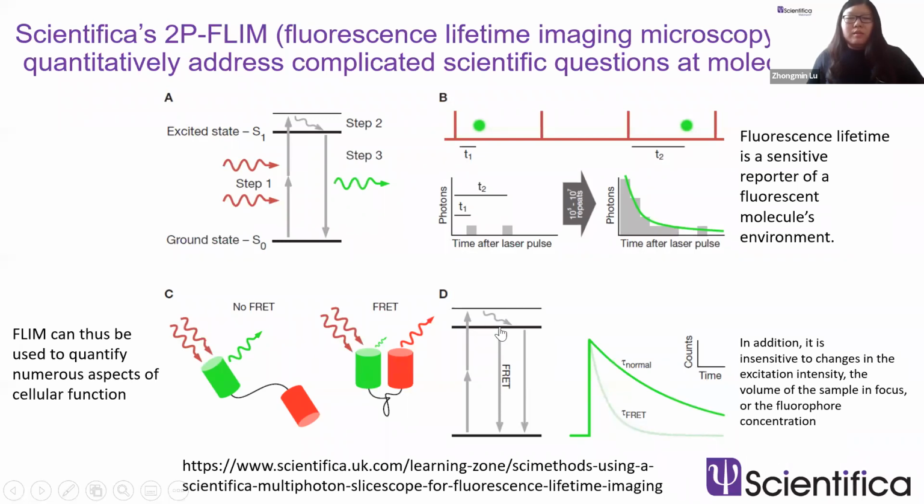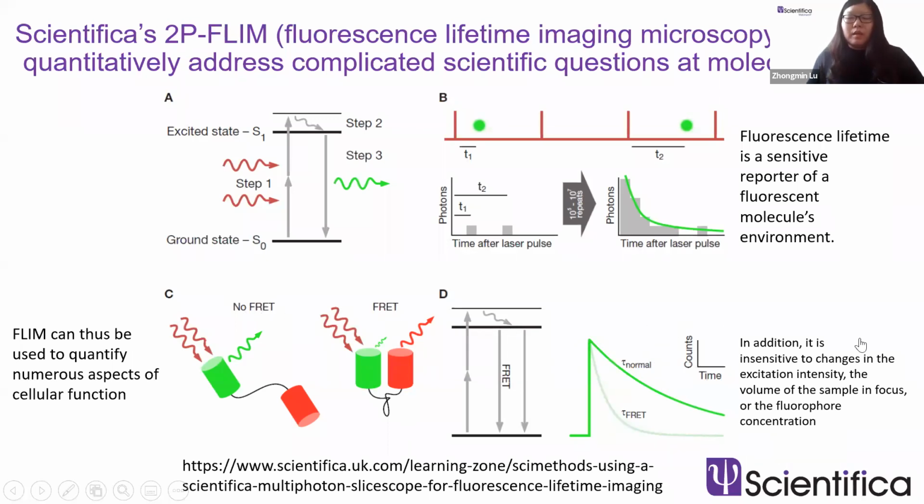This adds another channel of non-fluorescent energy transfer, and therefore the decay time constant is altered. Actually, it decays faster in the FRET condition compared with the normal non-FRET condition.